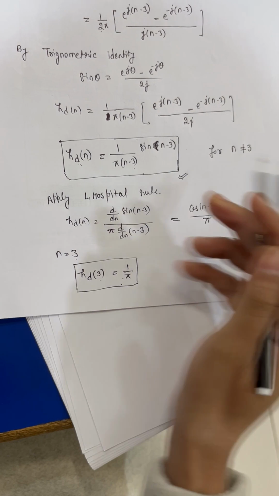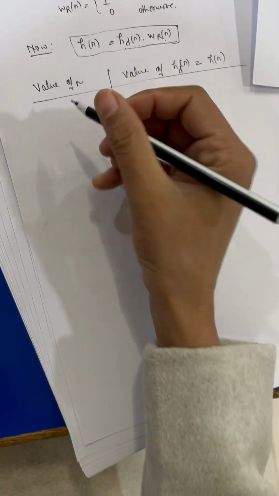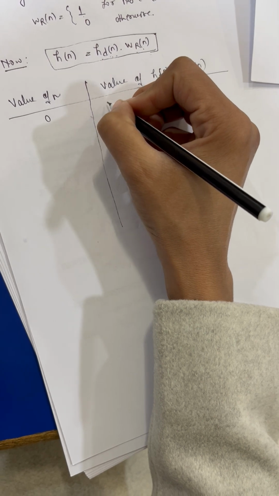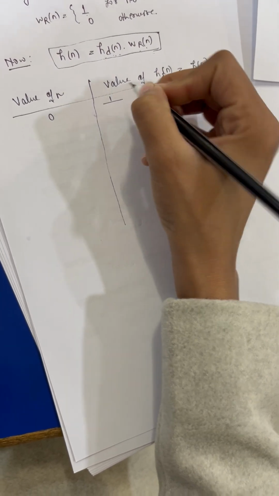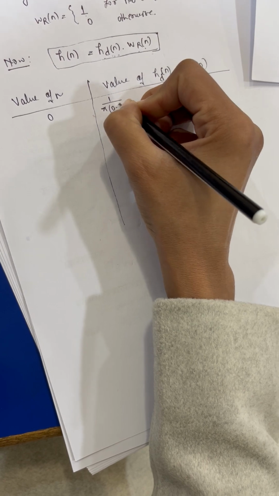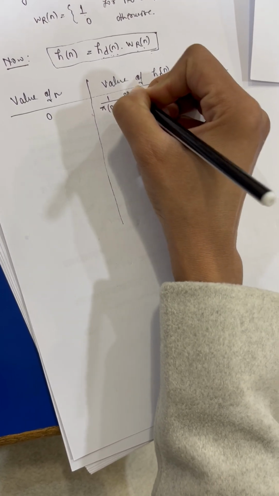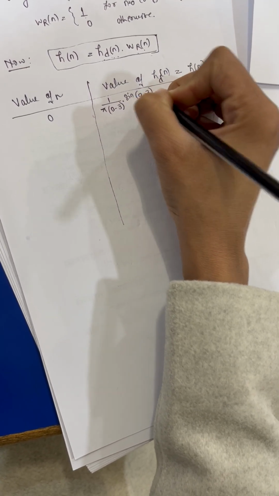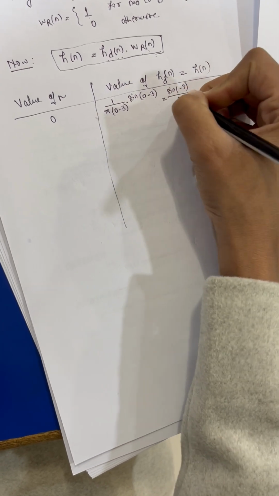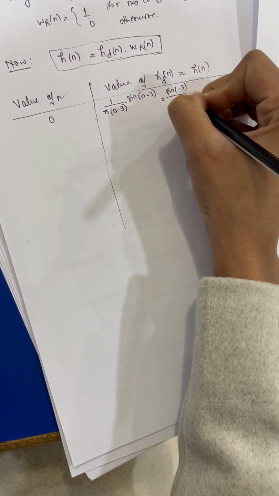So put in this equation, when n equal to 0, first write the formula, 1 upon pi (n minus 3) sin (n minus 3); in place of n put 0, so sin minus 3 upon minus 3 pi.